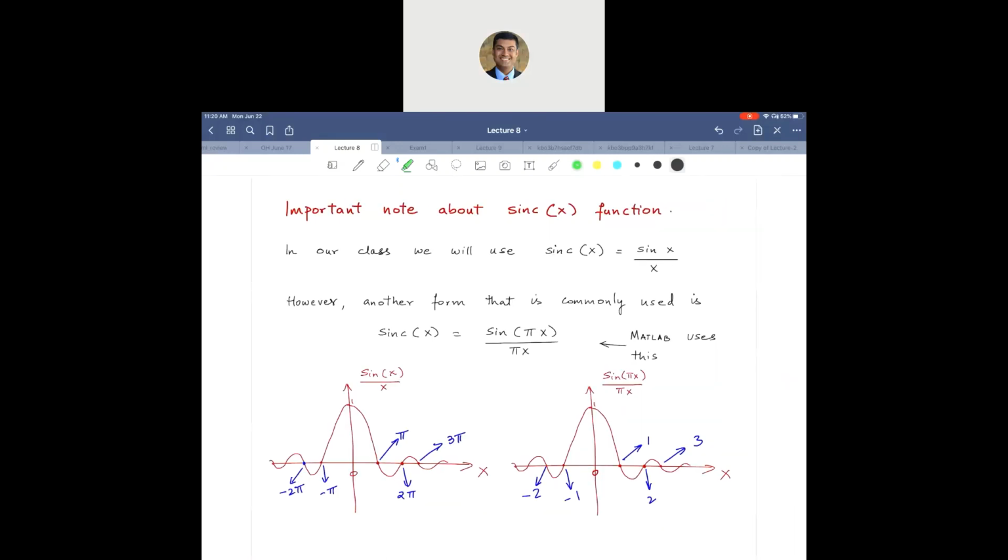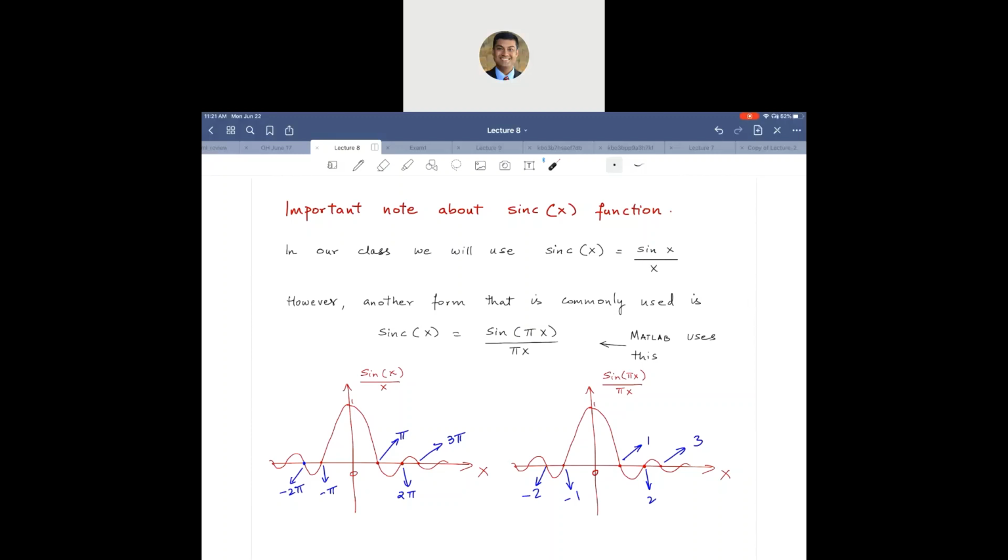We looked at the sinc function in its two forms. The one on the left is sine x over x, which is the one that we are going to use in this class. But there is also another commonly used form, which is sine pi x over pi x, which MATLAB uses. And the difference is the zero crossings in each of these functions.